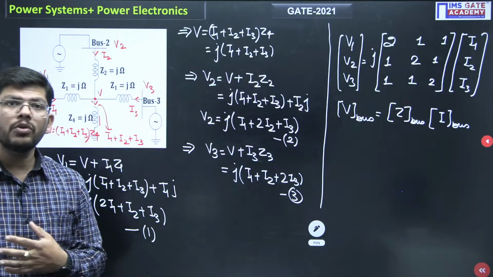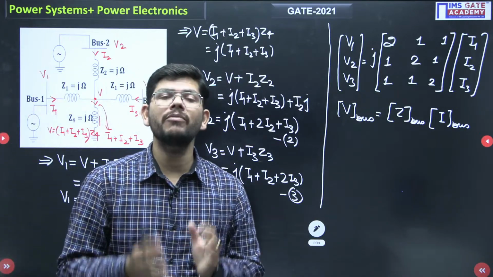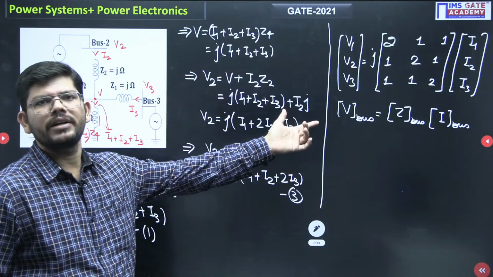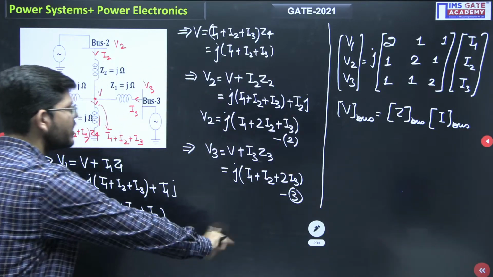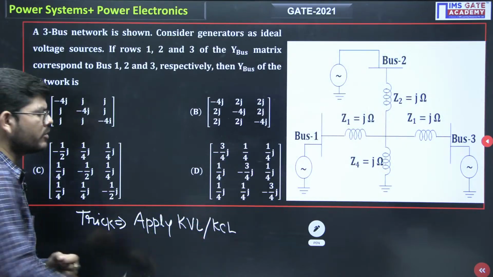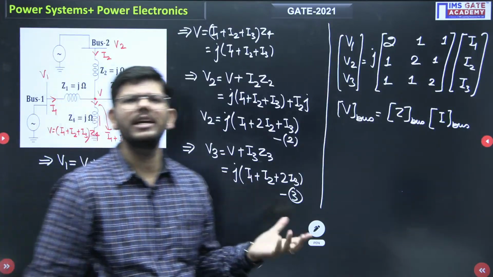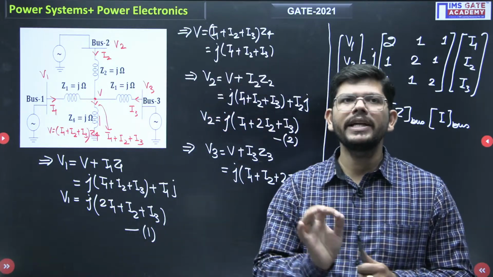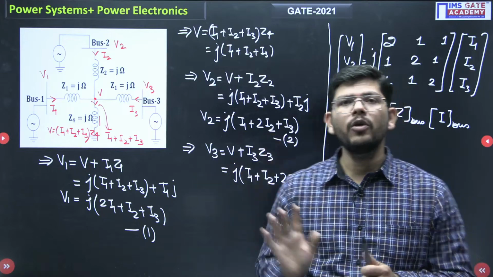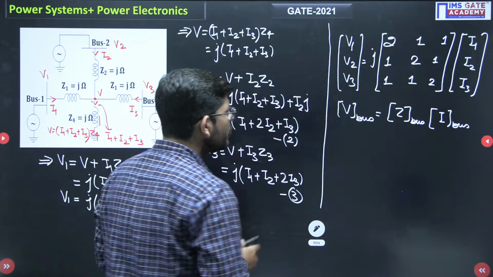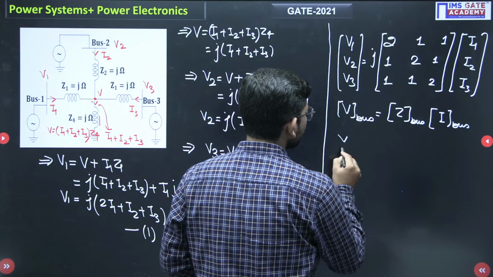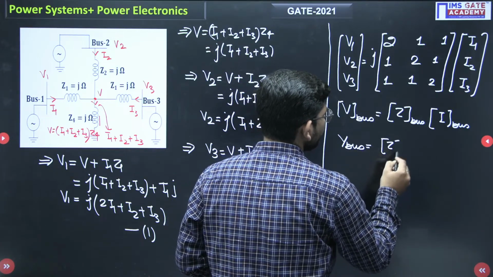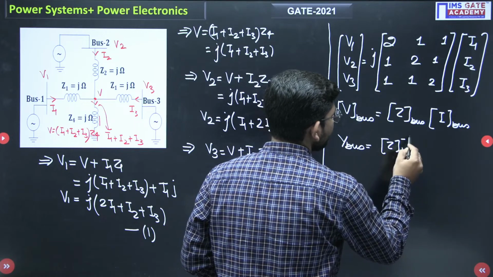So we were trying to find the Y bus matrix, but indirectly we have found the Z bus matrix. What trick did I tell you? Apply KVL and KCL. Just see, we applied KVL here because applying KVL was easy, and we obtained the Z bus. Now you know that if Z bus is known to us, Y bus will be the inverse of the Z bus matrix.